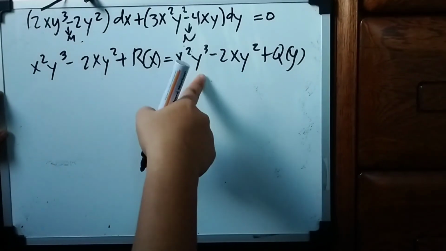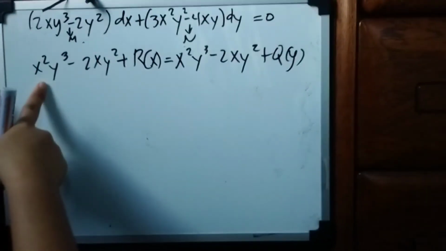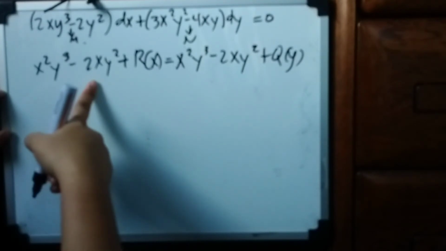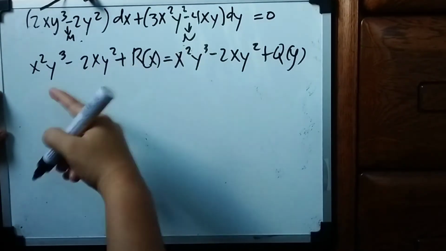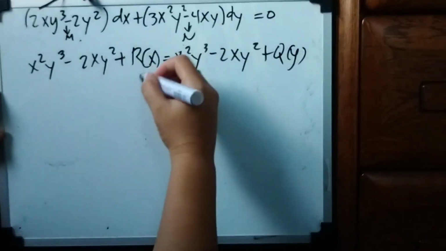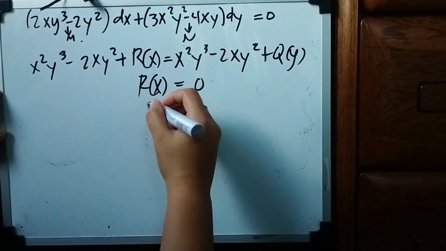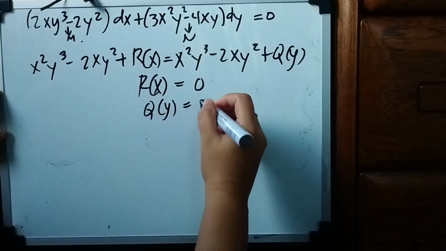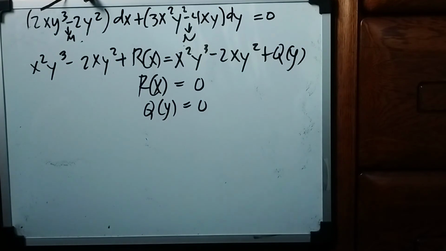So as you can see here, this term will become 0, and this term too will become 0. So basically, there's no term left here. So the function r(x) is basically 0, and the function q(y) is basically 0.